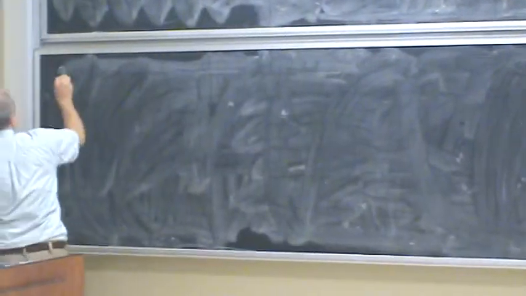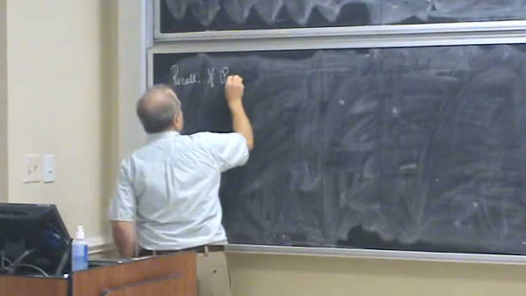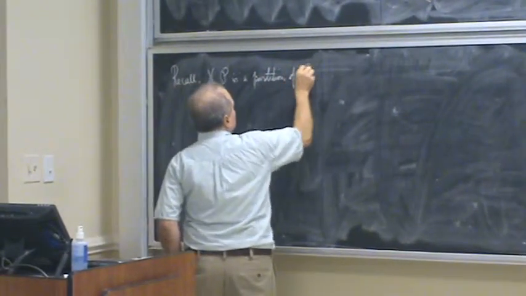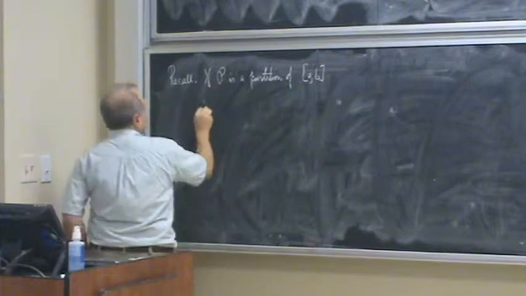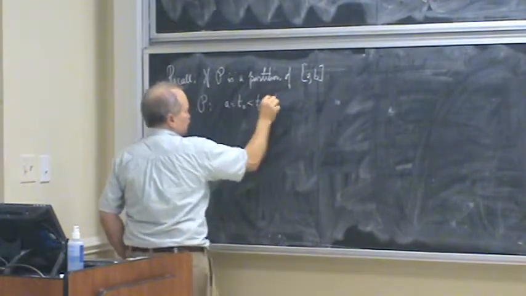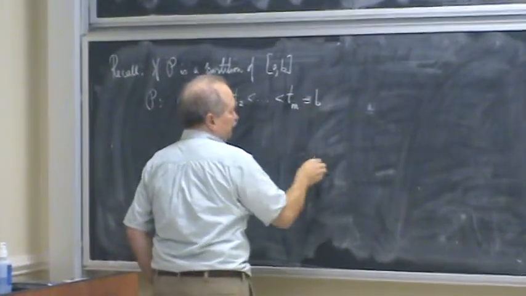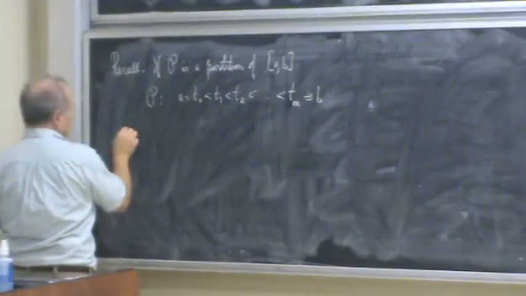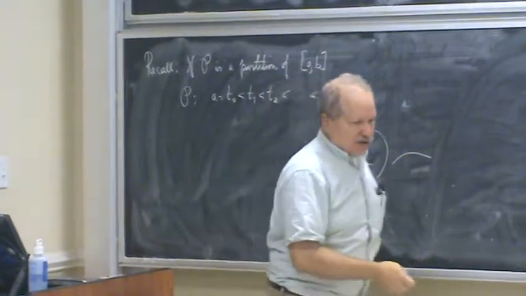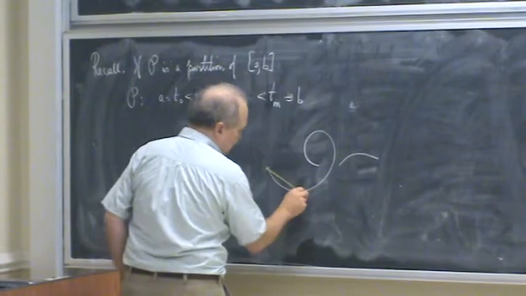So recall we defined, I'll actually give you a little more notation today. If P is a partition of the interval, so by that I mean that it consists of these dividing points that you split the time interval up into, then we said consider the polygonal approximation to the curve that you get using these time values.